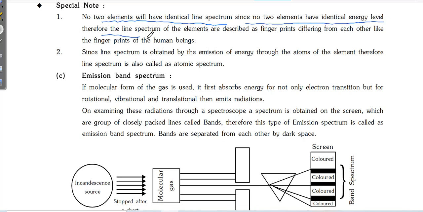Therefore, the line spectra of the elements are described as fingerprints, differing from each other like the fingerprints of human beings. So based on these spectral lines, we can easily identify what the compound is, and which molecules are there in the given compound.